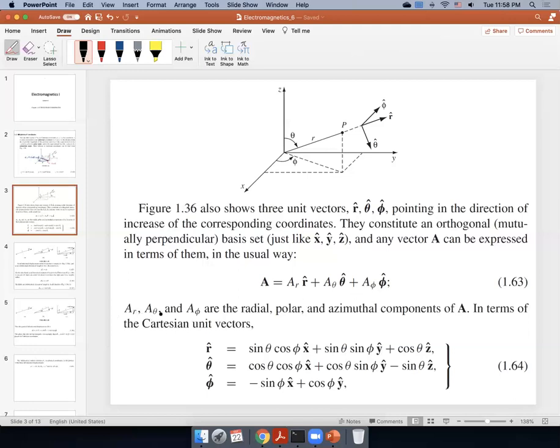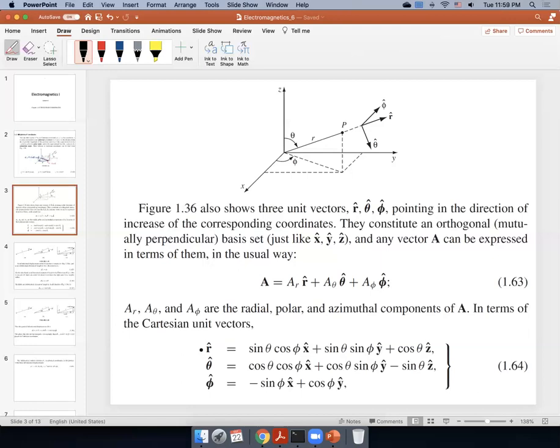And A_r, A theta, A phi are the radial, polar, azimuthal components of A. In terms of the Cartesian unit vectors, r hat could be written in this form, and theta hat is here, and phi hat is here.